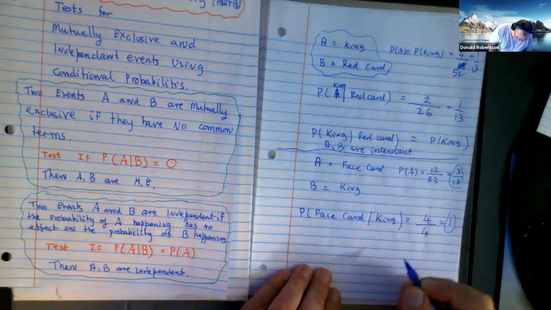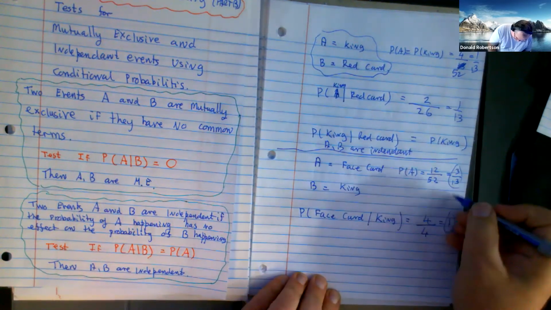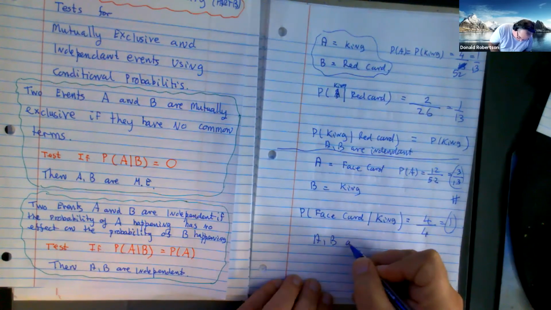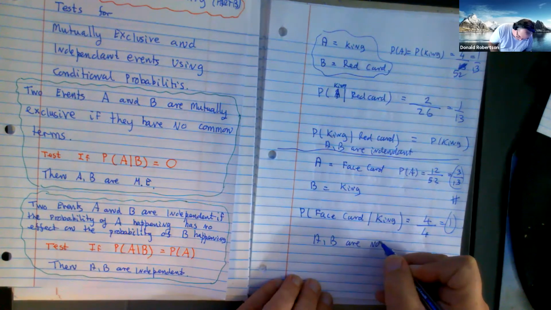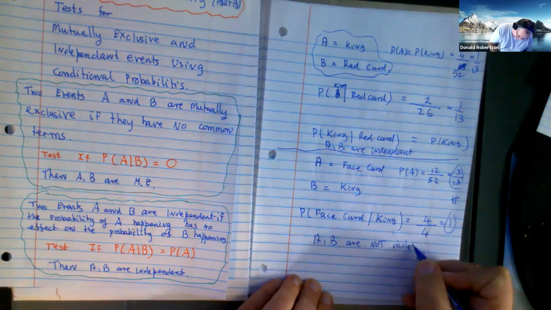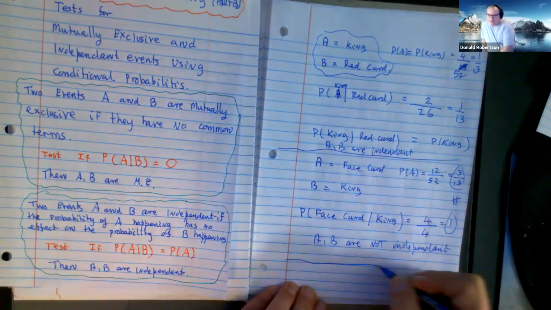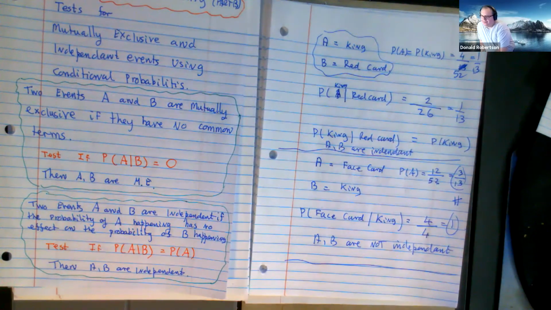If they're not equal, which these clearly are not, then A and B are not independent. That kind of makes sense. If you know it's a face card, wouldn't that alter your chances of getting a king? Or if you know it's a king, it alters the chance that it's a face card, right? We know that those two interact.